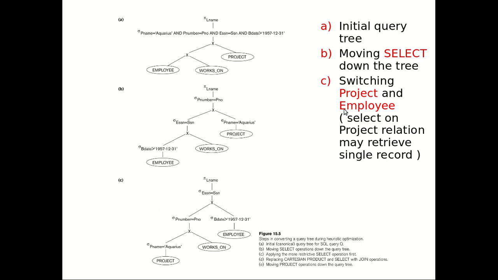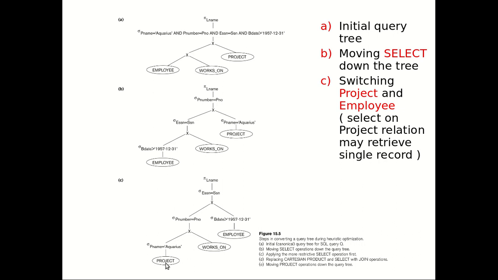Now this is an intermediate tree. The third step: when this type of condition is applied, it may result in only one tuple, whereas the other may result in a set of tuples. For such relations, if we swap them, the resulting tree will be more efficient.